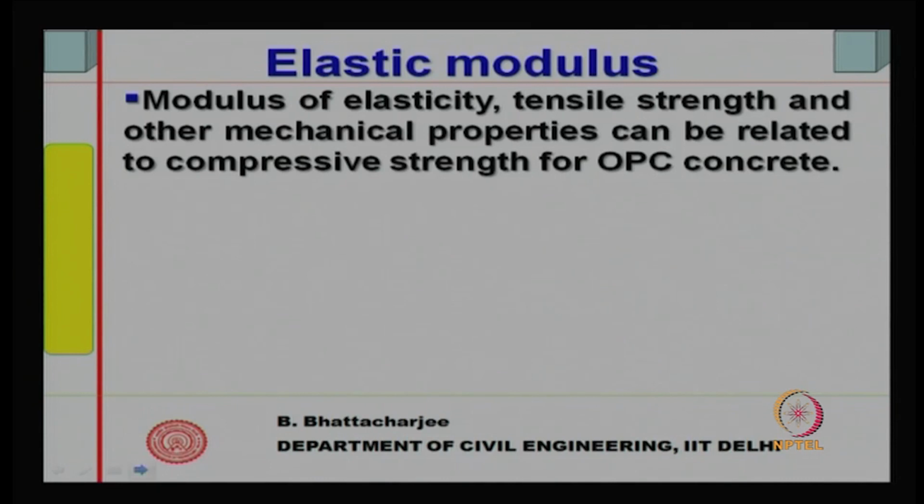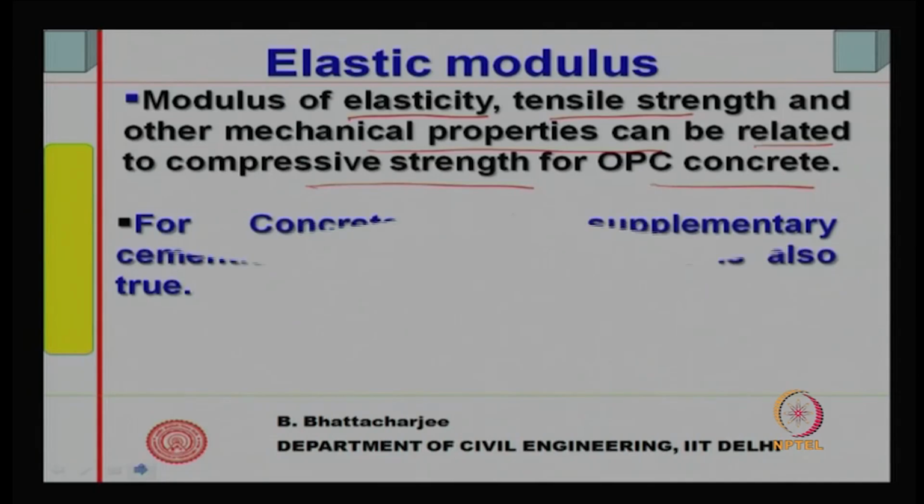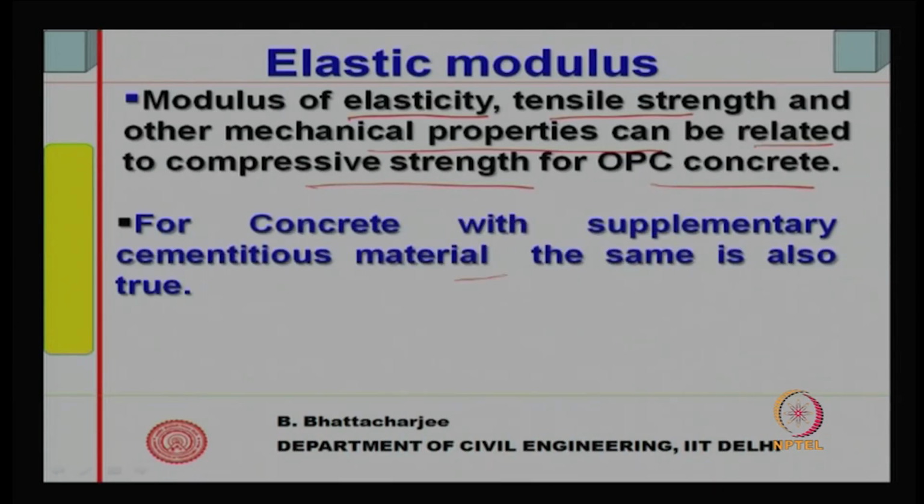This is again the same thing we are reiterating. Modulus of elasticity, tensile strength and other mechanical properties can be related to compressive strength of OPC concrete. For concrete with supplementary cementitious material, the same is also true, and the relationship is similar. Maybe the coefficient might change a little bit here and there, but largely the same is valid, because after all the basic nature of the material has not changed.